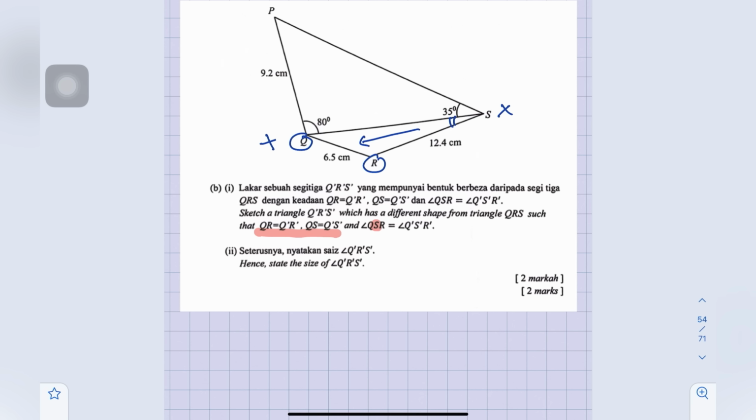Yang berubah ialah R. So therefore kita kena movekan R from this straight line lah, sama ada ke kanan atau ke kiri. Kalau R berubah ke kanan semakin besar, semakin panjang. So that's why R ni kena movekan ke kiri.